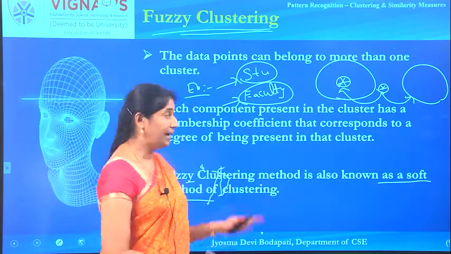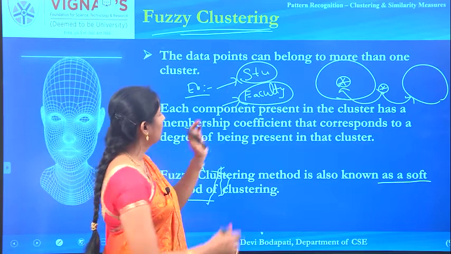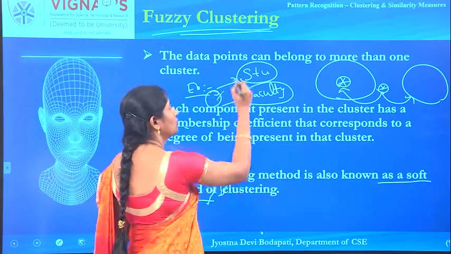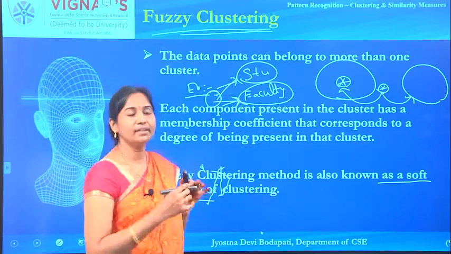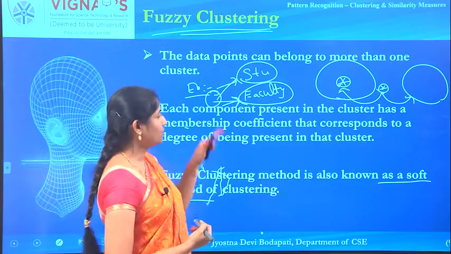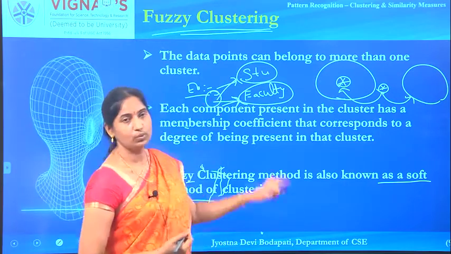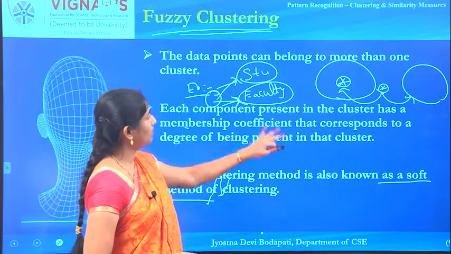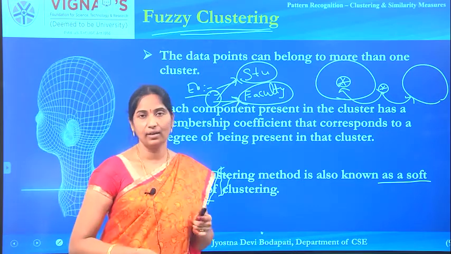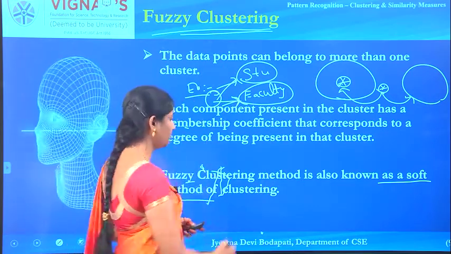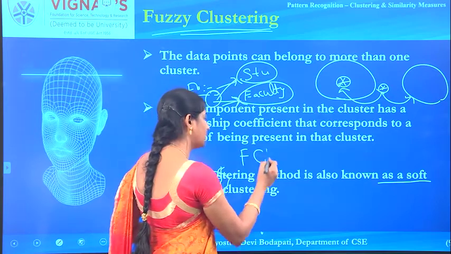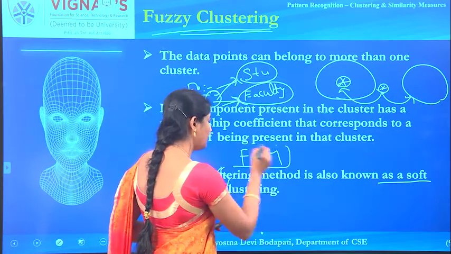In that way you can assign a particular sample to two different clusters at the same time, or more than one cluster at the same time. Algorithms which work based on this assumption are known as fuzzy clustering algorithms.